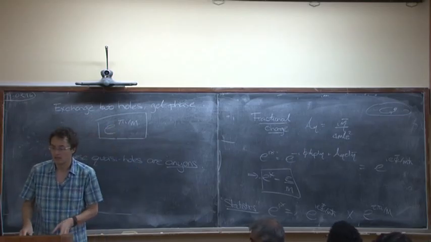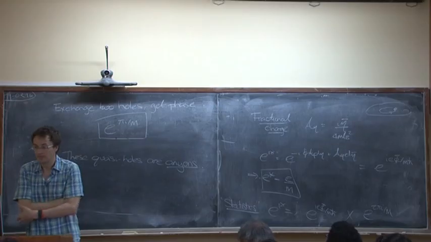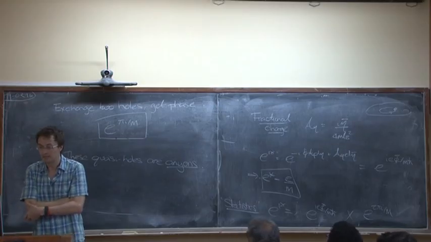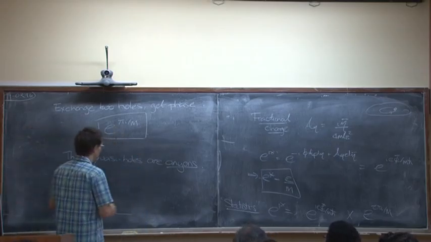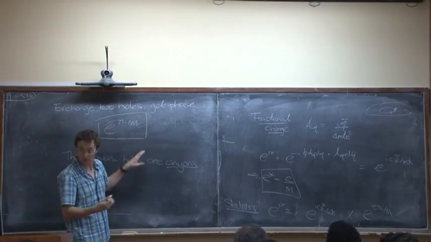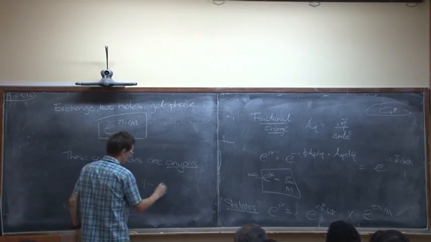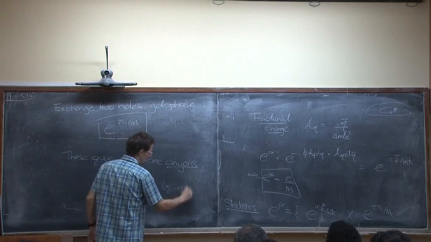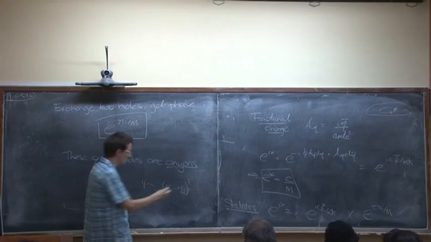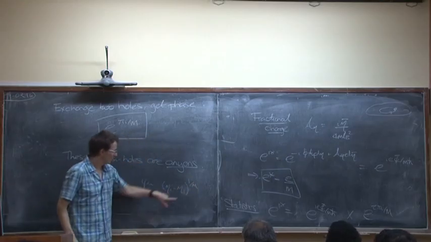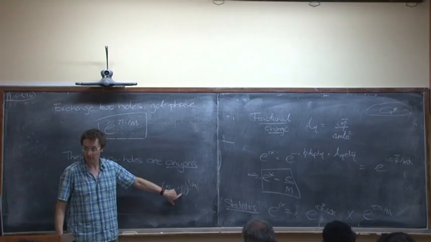Fermionic statistics means that no two particles can occupy the same state. So here it means that m particles can occupy one same state? No. If you were to really try and write down a wave function for these objects, these are complex numbers. Let's suppose we write down a wave function for the ground state. It still vanishes as two come together. But now the wave function is not single valued, so it has a branch.